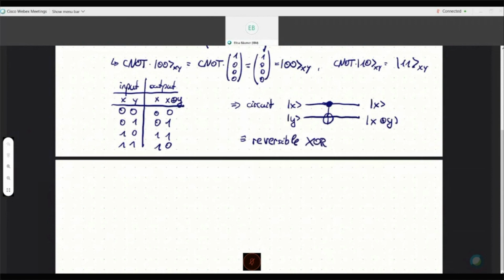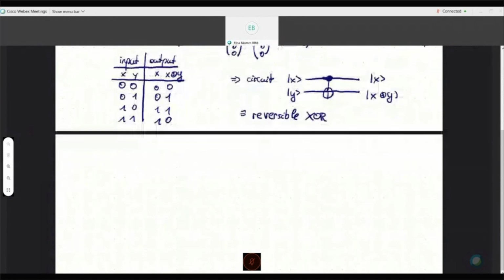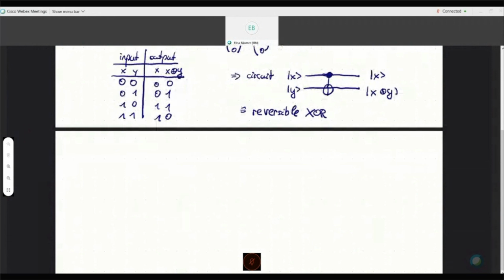If I give you the X and the X plus Y, then you can always recover what the input was given the output state. So the CNOT gate is basically a reversible version of an XOR gate. So we can just calculate XOR and get X back.